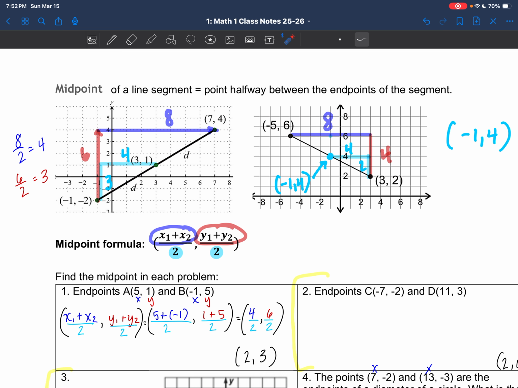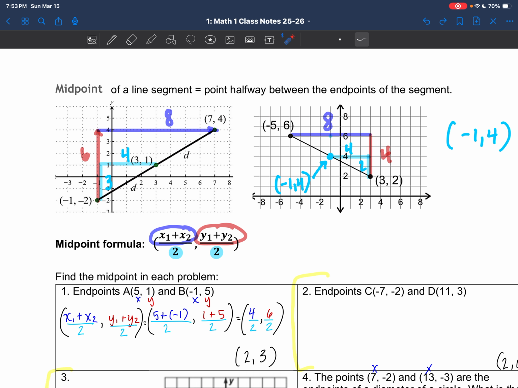Or you could go ahead and plug in this point, and that's going in your x's, and then plug in these 2 points, and they're both going to your y's, and then divide by 2. So you're just finding either the units that are halfway and then figuring out what to do here. As you notice, up 3, and then I went over 4, and that's where we landed, right here, which is 3, 1.